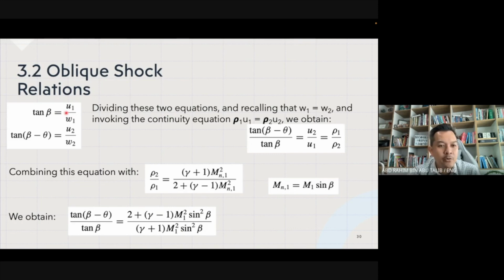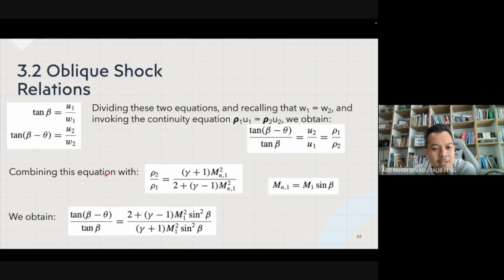So knowing that tangent beta is U1 over W1 and tangent beta minus theta is U2 over W2, dividing these two equations and recalling that W1 is equal to W2 and invoking the continuity equation, we obtain this expression of tangent beta minus theta over tangent beta, which is actually the velocity ratio and the density ratio.